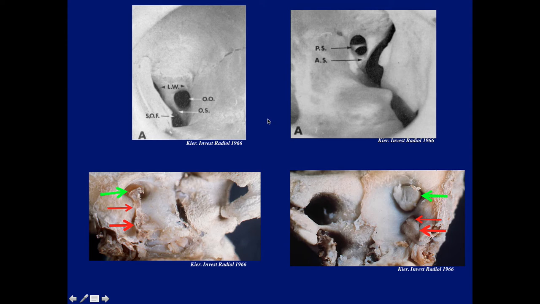Sometimes, however, there's an anomaly where instead of a single optic canal, there's a split optic canal with a superior component for the optic nerve and the inferior for the ophthalmic artery.